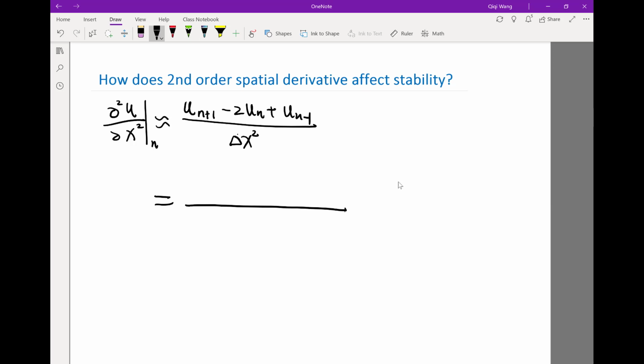I'm going to write it as the difference between first order derivatives divided by delta x. So this is going to be delta x, and here I will have u_{n+1} minus u_n, and here is u_n minus u_{n-1}.